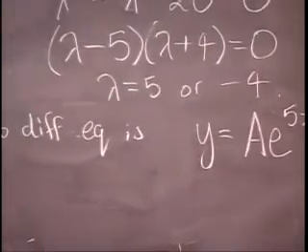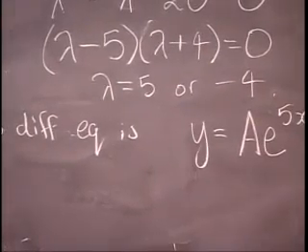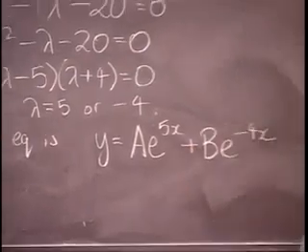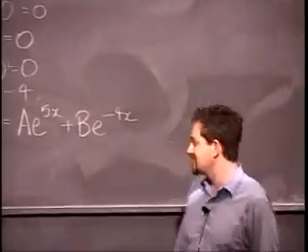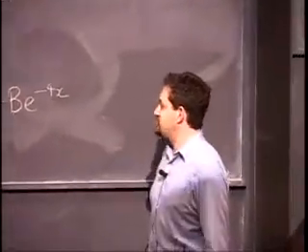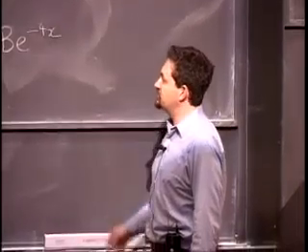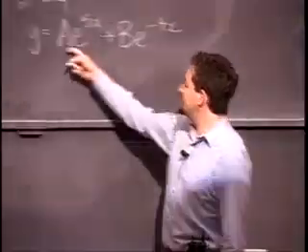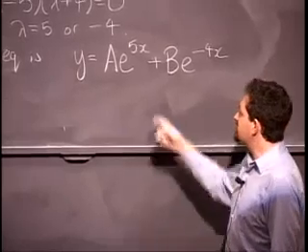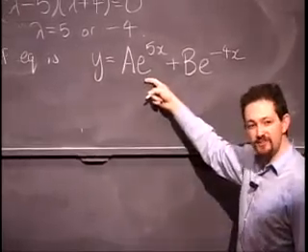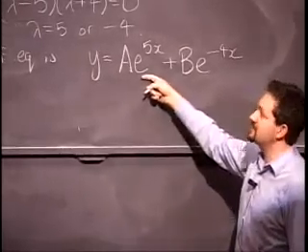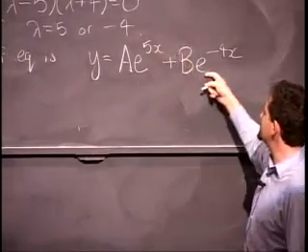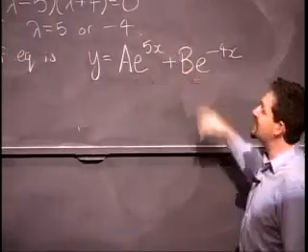So the roots of this characteristic quadratic equation are exactly the multiples of the x in the exponents. Bizarre. It bears checking. We should check whether this works. The best way to check is to realize that the A and the B don't really matter. All you have to do is check e^(5x). And then any multiple of it will automatically work because it'll just be a factor of the whole thing. The same with the multiple of e^(-4x), and the same with adding the two together.